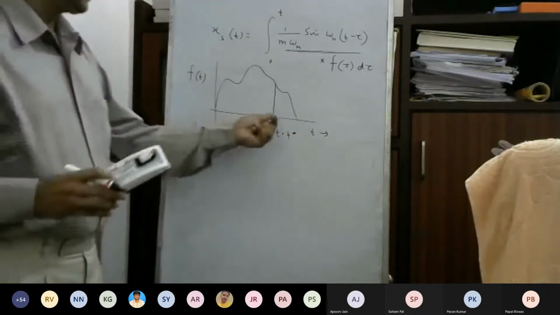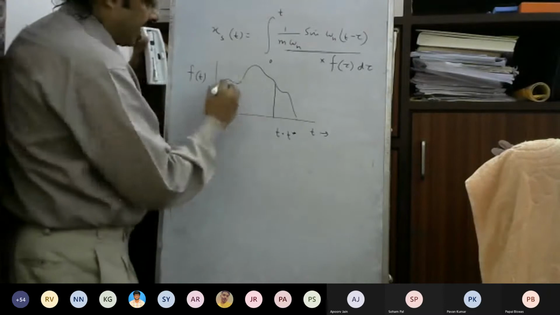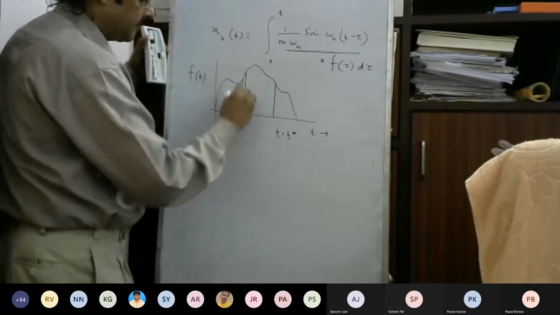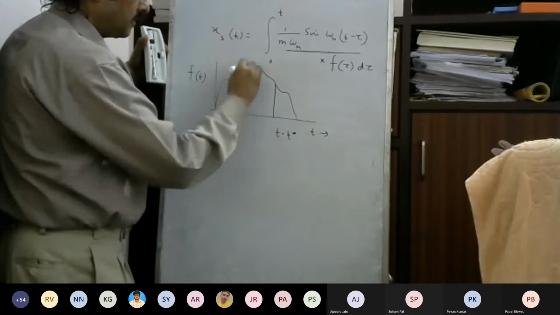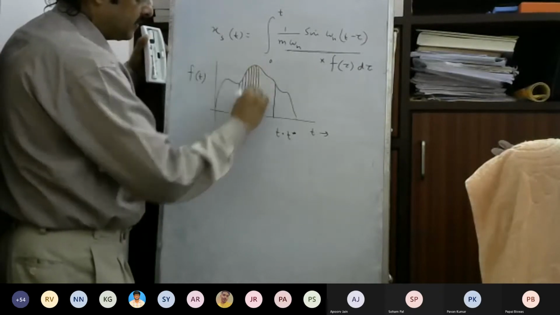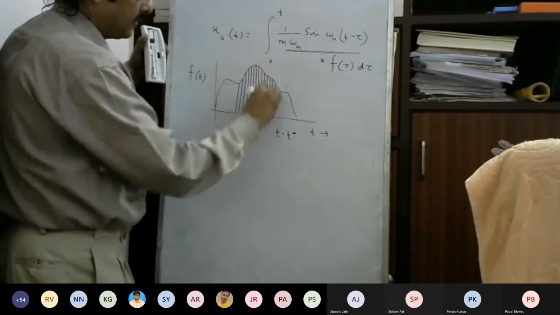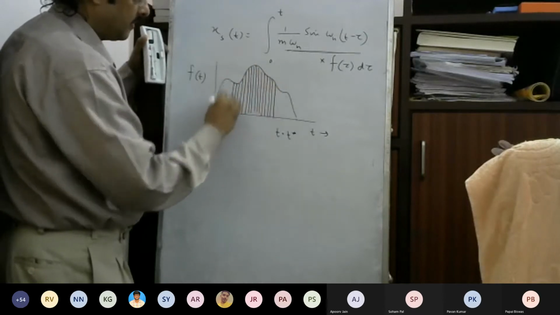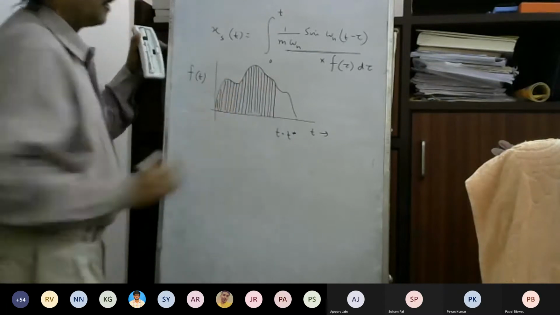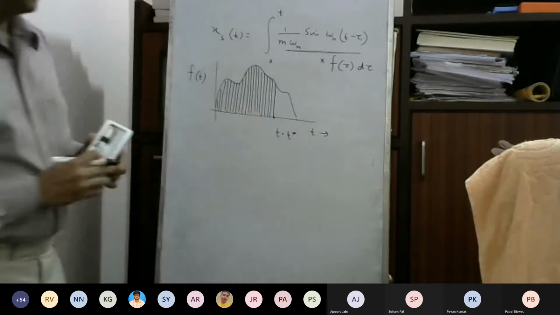At time t equal to t star, I want to find out the response. So this force can be broken into small components like this. I am interested in the response at this time instant.